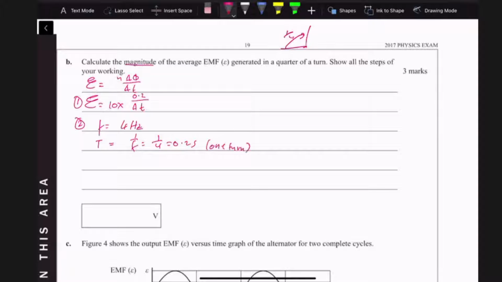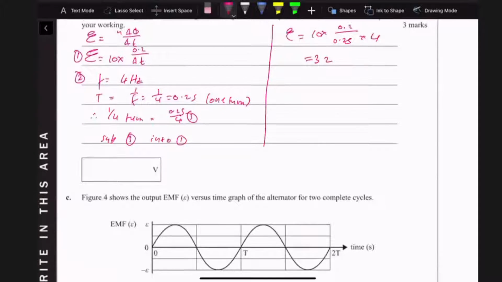So if we want a quarter of a turn, we'll have to divide this by 4. So quarter turn is 0.25 divided by 4, and then you could sub that value into your EMF. So you get E equals 10 times 0.2 on 0.25 times 4, and then that comes out to exactly 32.